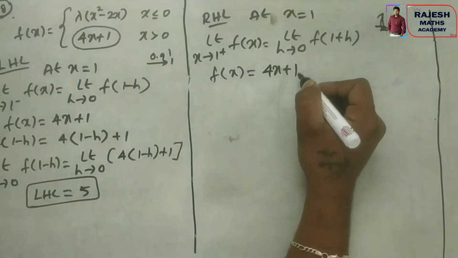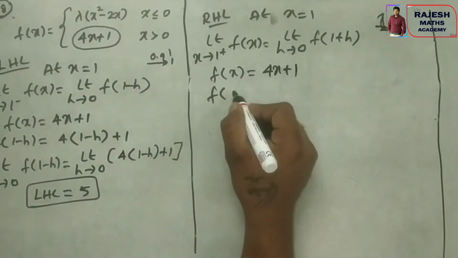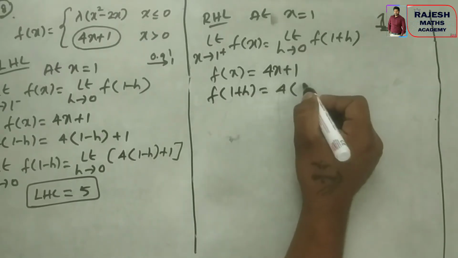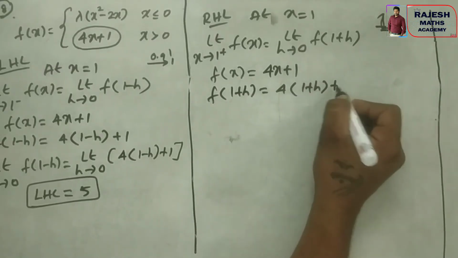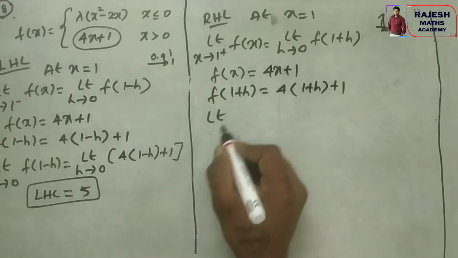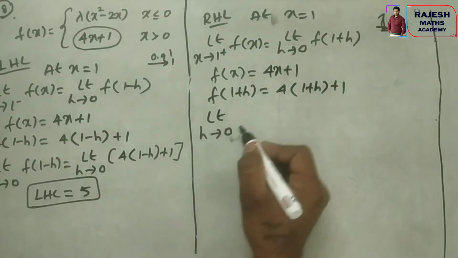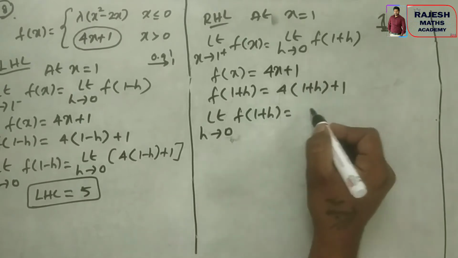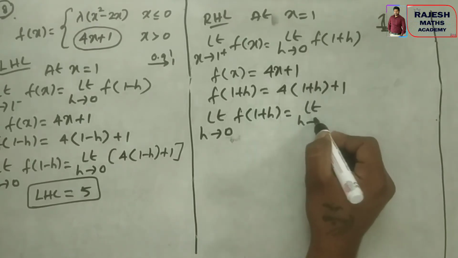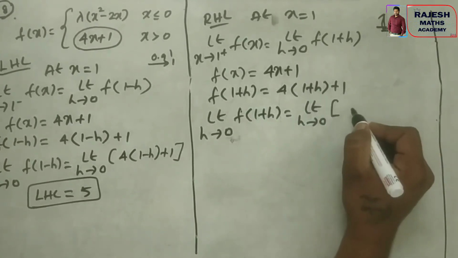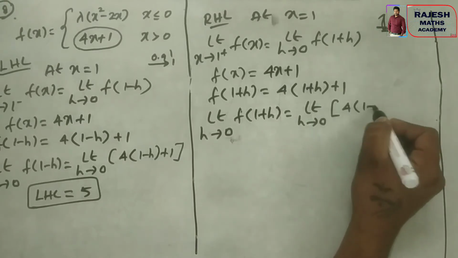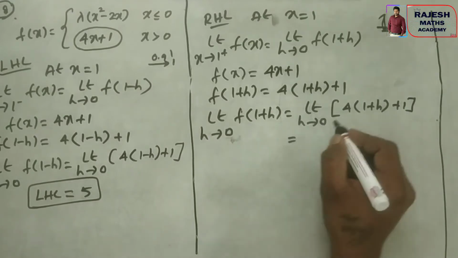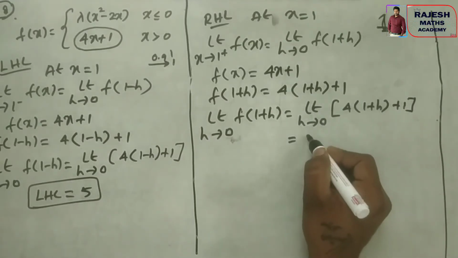Now apply the limit. Before that, find the value of f of 1 plus h. F of 1 plus h is equal to 4 times 1 plus h plus 1. Now limit h tends to 0 of f of 1 plus h is 4 times 1 plus h plus 1. So applying h equal to 0, the same 5 we will get.